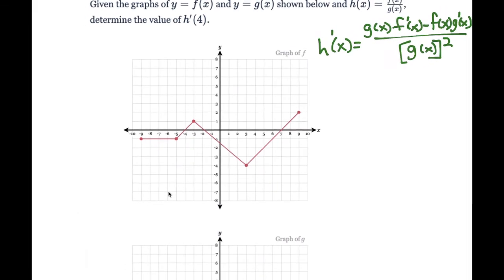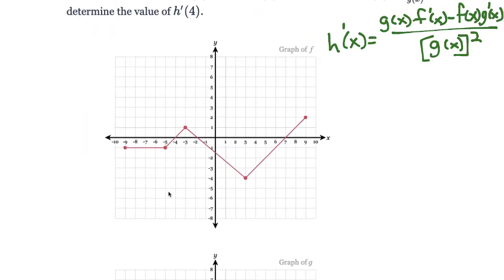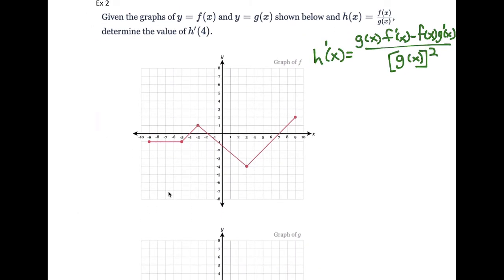So when we're asked to find h prime of 4, we would put a 4 in for everything that we see in that.